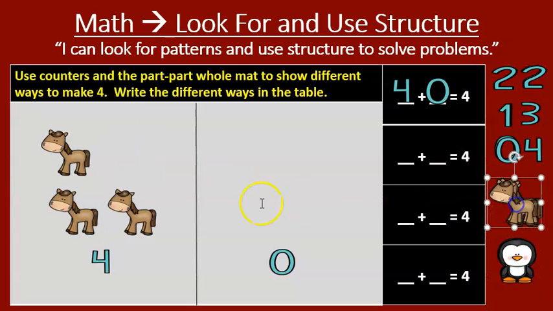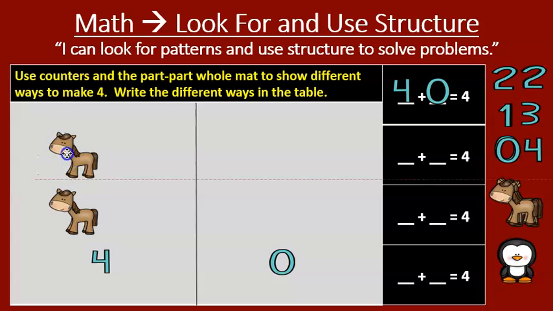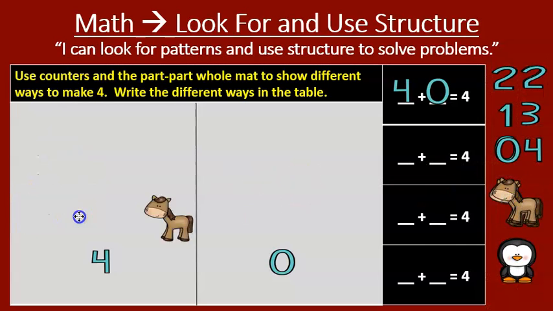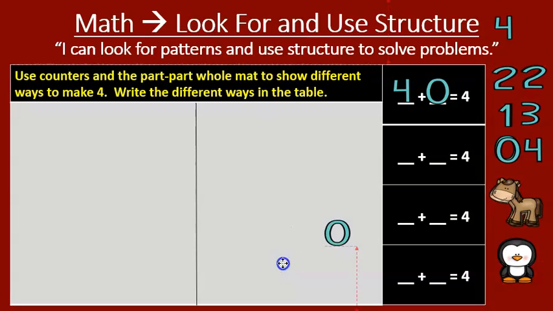Now, let's put our horses back really quick and let's move on to the next row, okay? We have to come up with numbers again that are going to equal 4. Now, let's do that again. Let's look right here. We are coming now to this second row, okay?